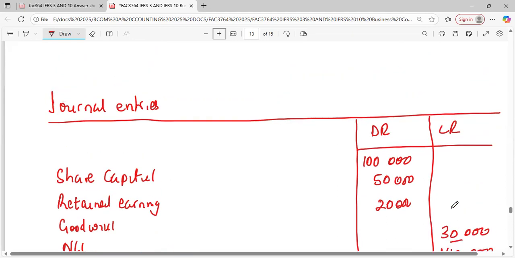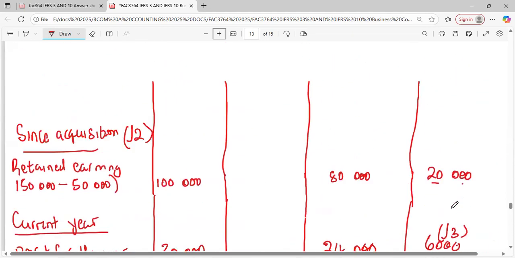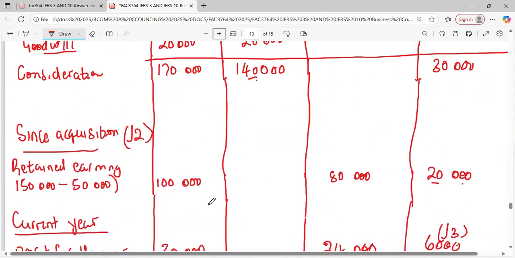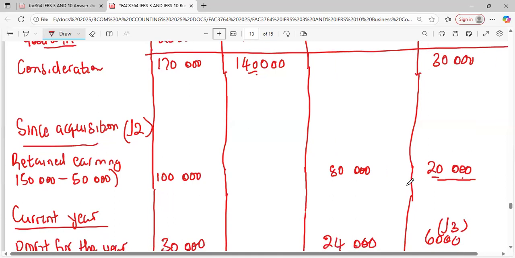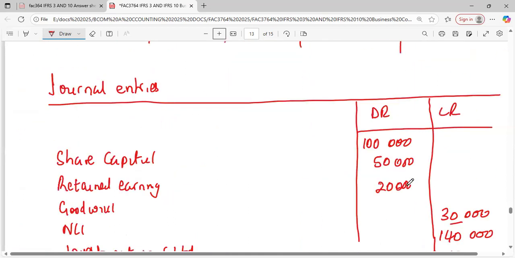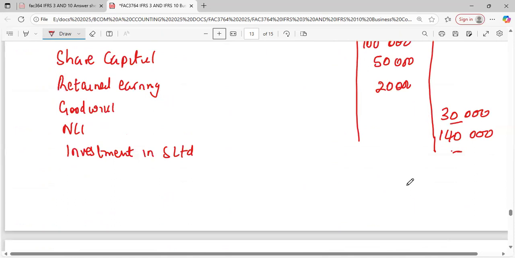Then you go to your second journal. Your second journal will come from here. Since acquisition, you need to record the retained earning that is in the controlling interest. You need to record your retained earning, what was taken by non-controlling interest. So which means you are going to have your second journal.